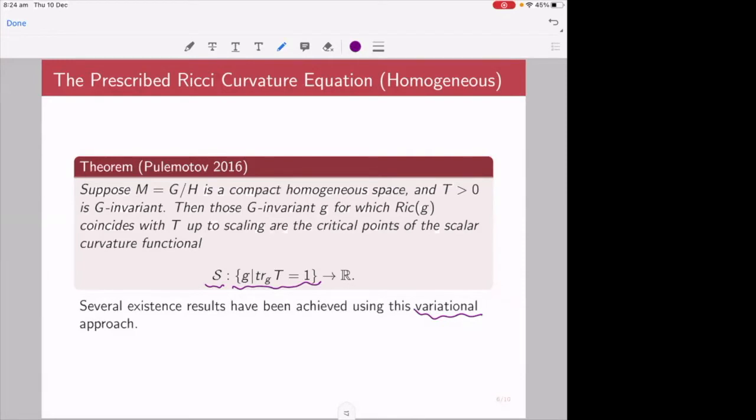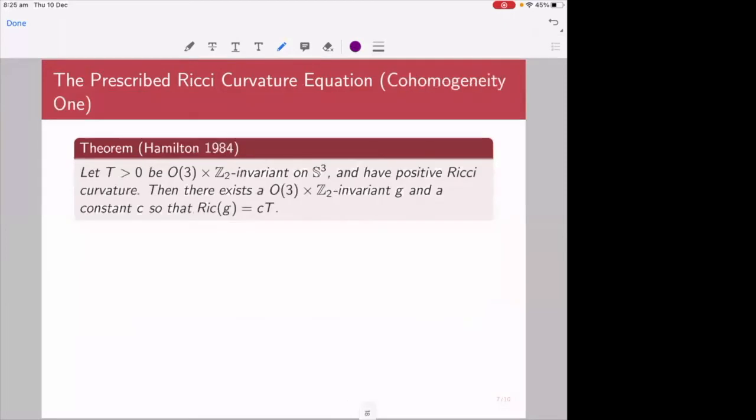So there are several results on the prescribed Ricci curvature problem in the homogeneous setting, but what I want to spend a lot more time on now is the cohomogeneity-one setting. So in full generality, it seems like the partial differential equations that you get by looking at the prescribed Ricci curvature problem are pretty difficult, and so making homogeneous assumptions is quite natural.